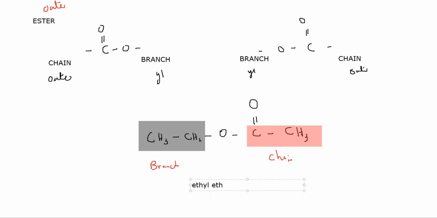Between the carbon atoms there's a single bond, so it will be AN. And because of the functional group, it is OATE. So it is ethyl ethanoate. Is it clear? Ethyl ethanoate, the structure.